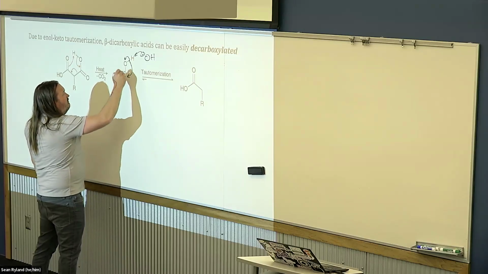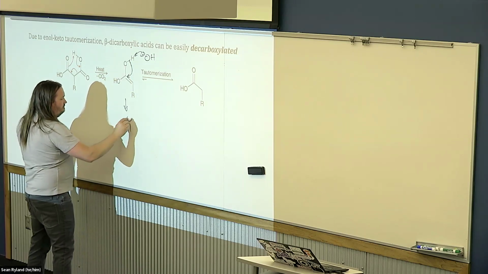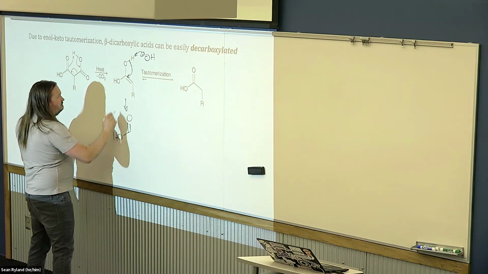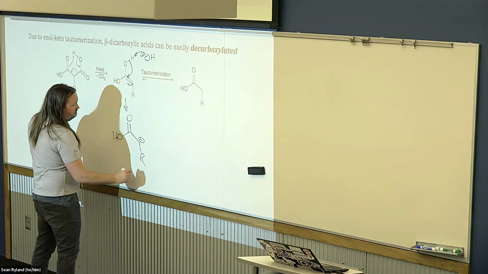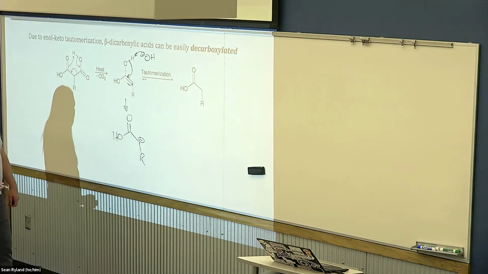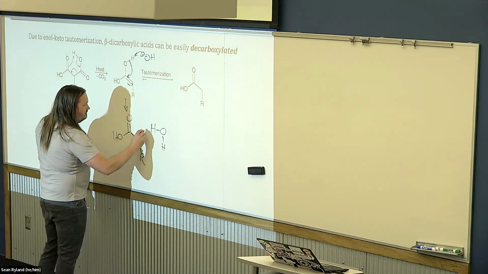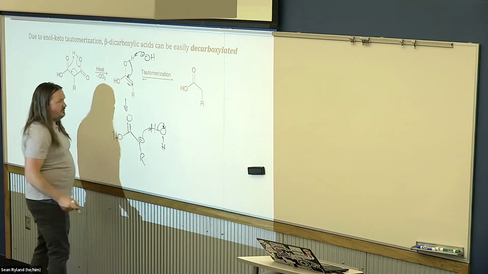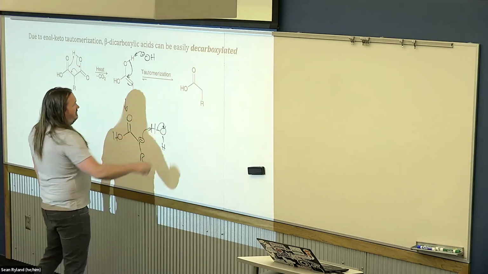So then we're going to get the enol temporarily, and as long as you have a proton source, that's the same enol, it's undoing the enol formation. We go from the enol back to the acid.